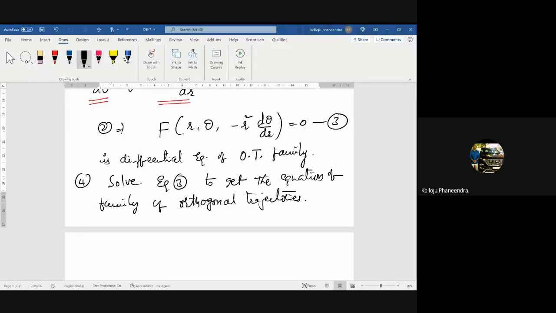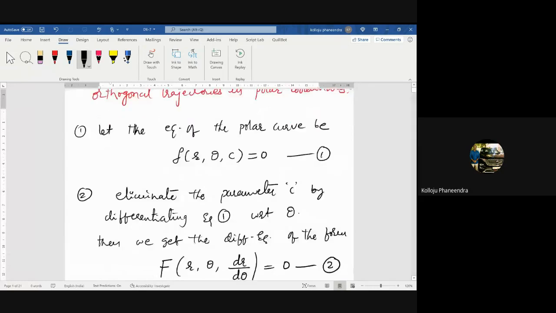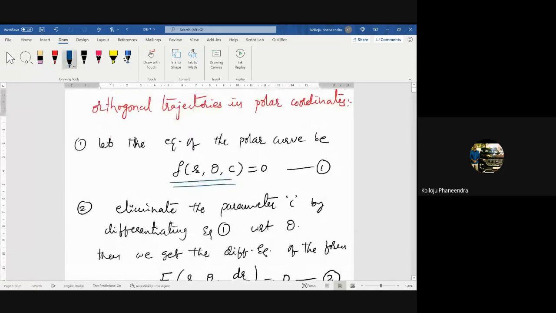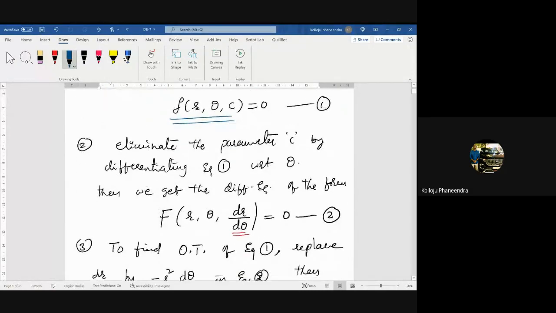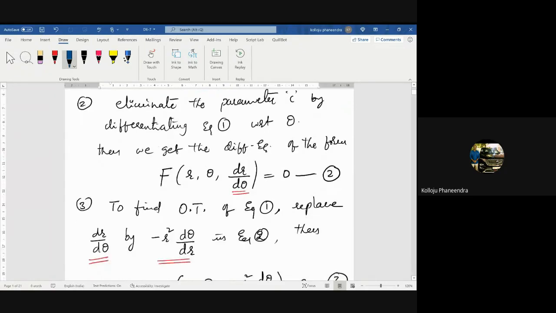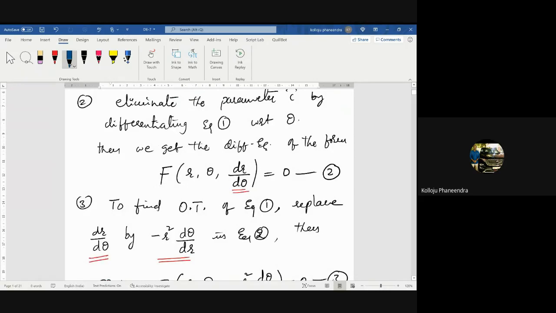This is the procedure. Once again, first let the polar curve be f of r, theta, c equal to 0. C is the parameter, a one parameter family of curves. To eliminate constant c, differentiate the curve with respect to theta. Then I get the differential equation for curve 1, that is capital F of r, theta, dr by d theta equal to 0.